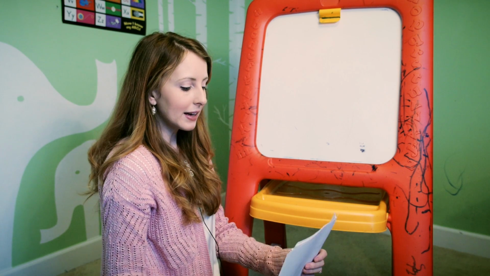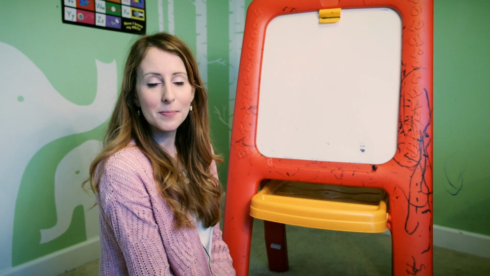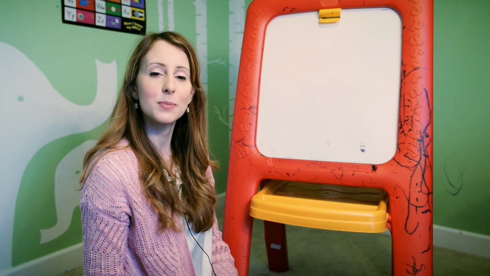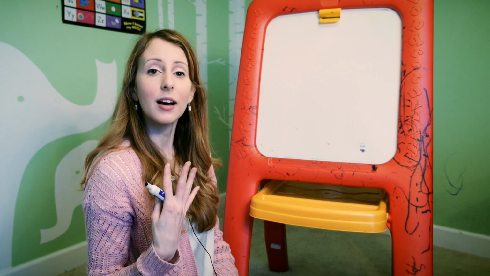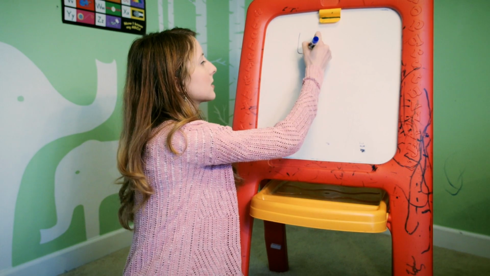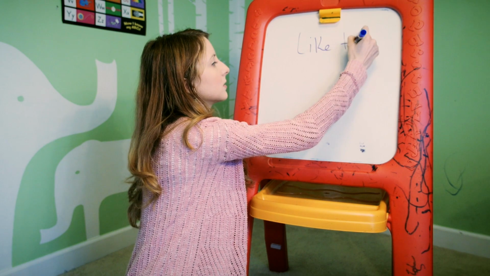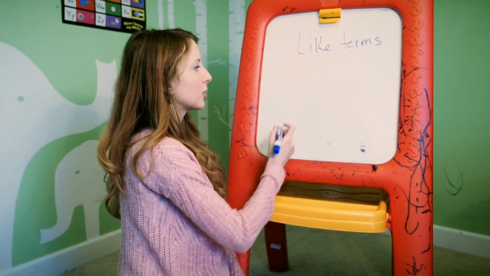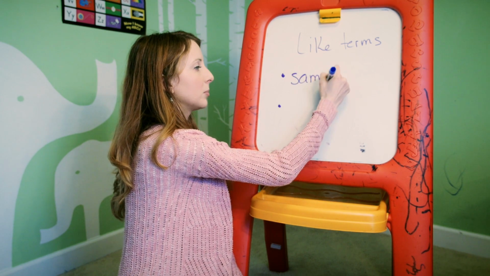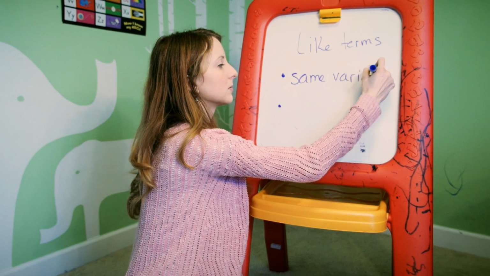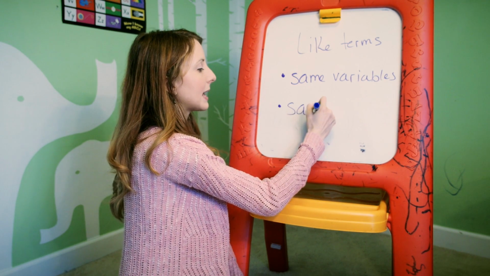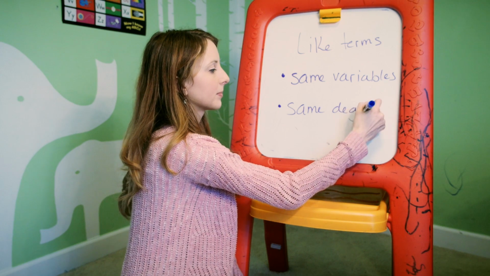All right, when you add and subtract polynomials, it's actually quite easy. You can only add or subtract terms that are alike. So just to review the concept of like terms, they have to have the same variables, and those variables have to be in the same degree.